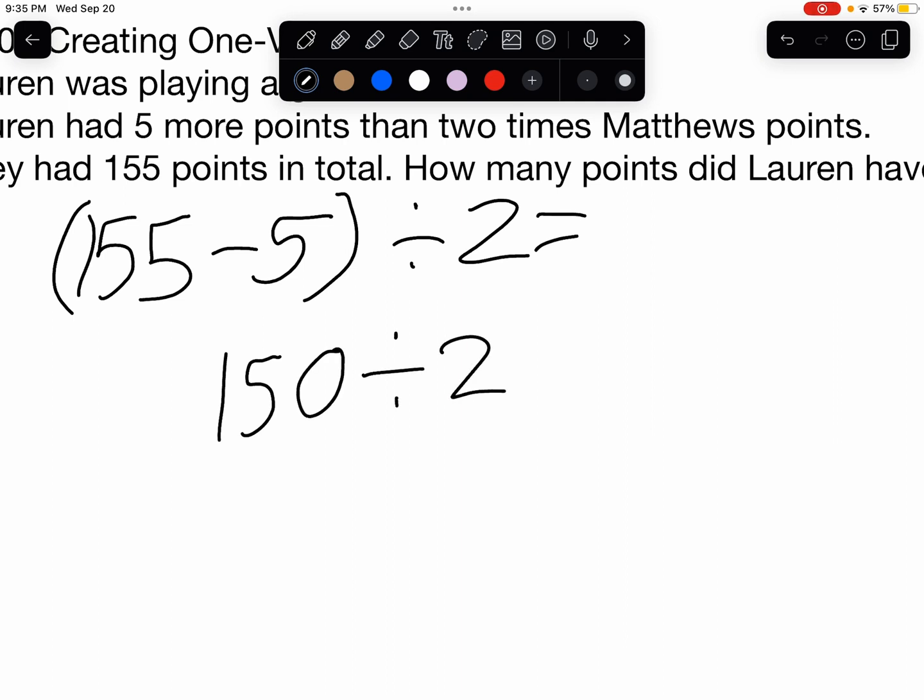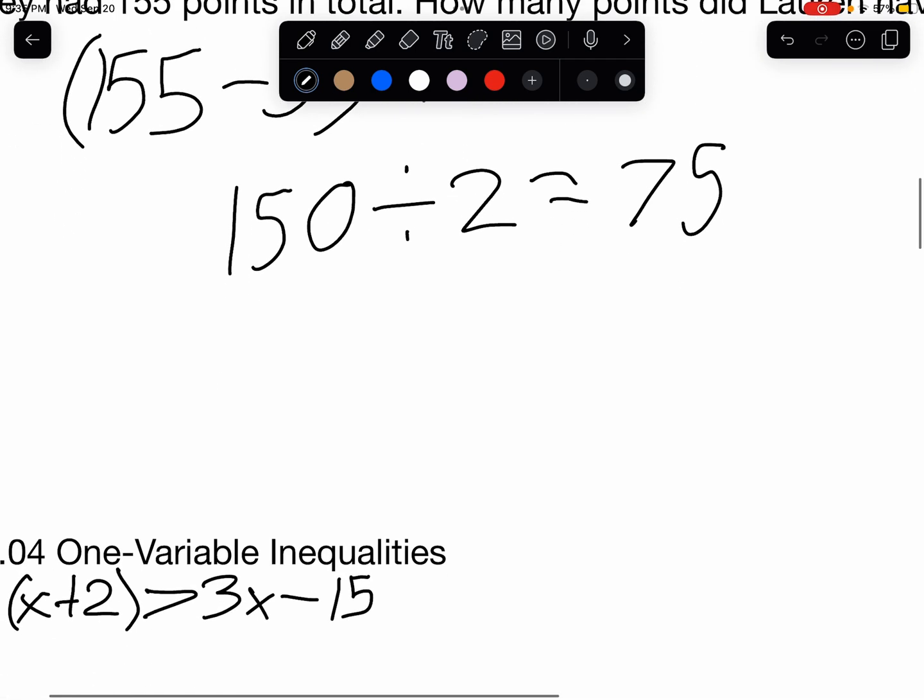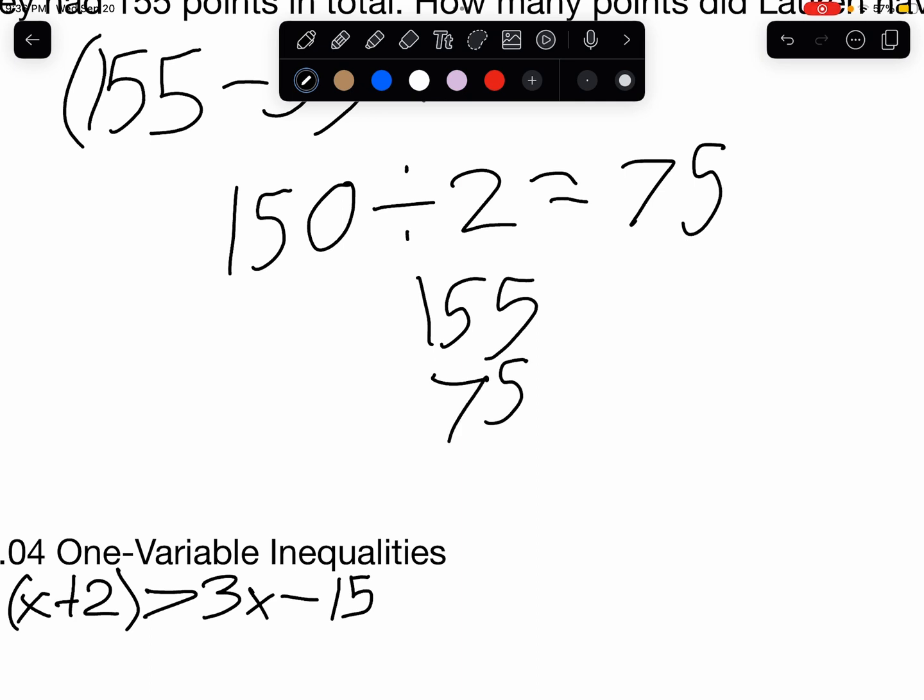Divided by 2 is 75. From there, you have to subtract 155 by 75. And that's how you find what Lauren had. 155 minus 75 is 80. And that's how many points Lauren had.